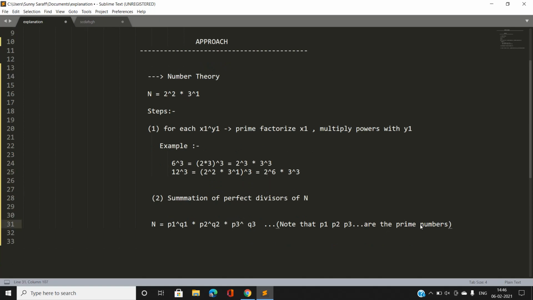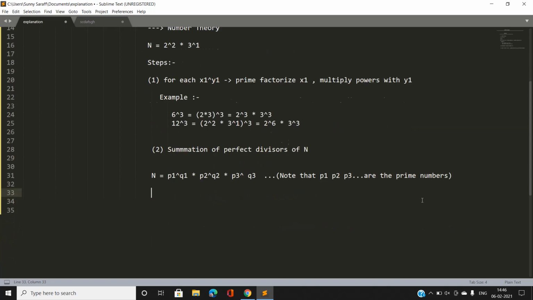Okay, so I think from the concept of number theory you must have studied that for p1 power q1, p2 power q2, p3 power q3, our sum of divisors can be written as, for p1 power q1, our sum of divisors can be written as 1 plus p plus p square plus p cube plus up to p power, let's say n.